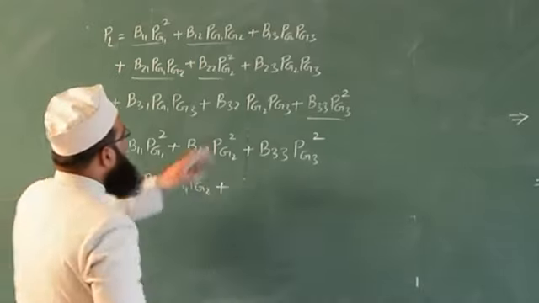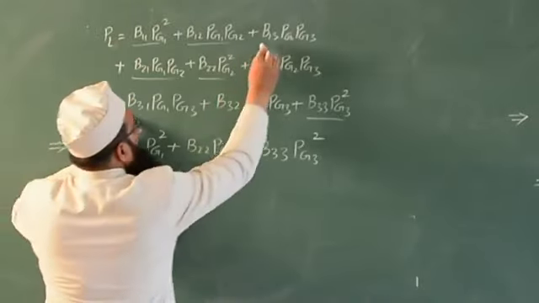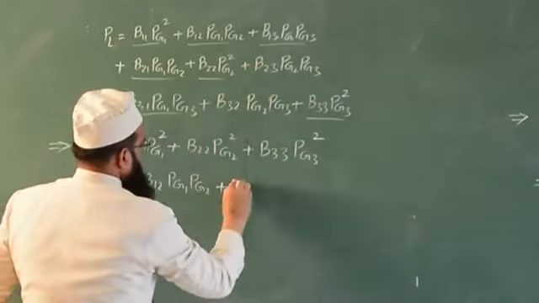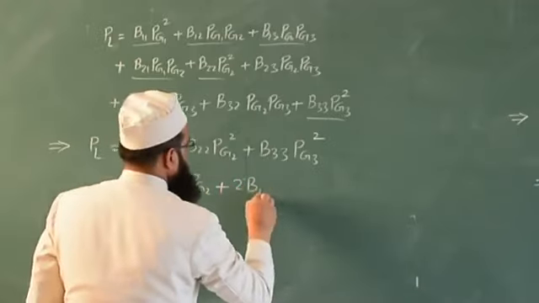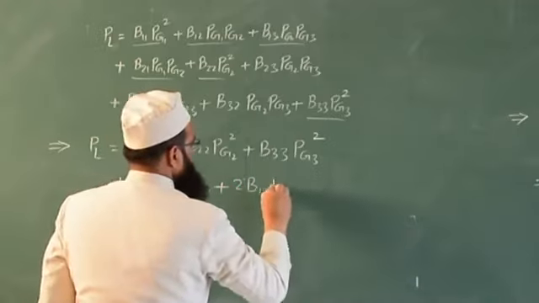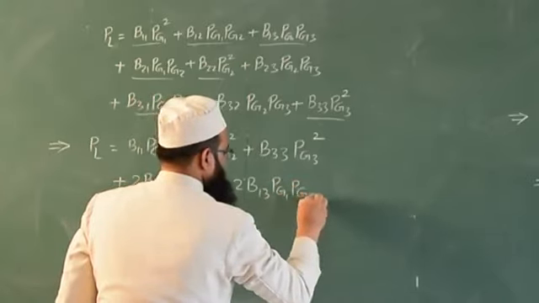Plus B13, the same as B31, so twice B13 PG1 PG3.